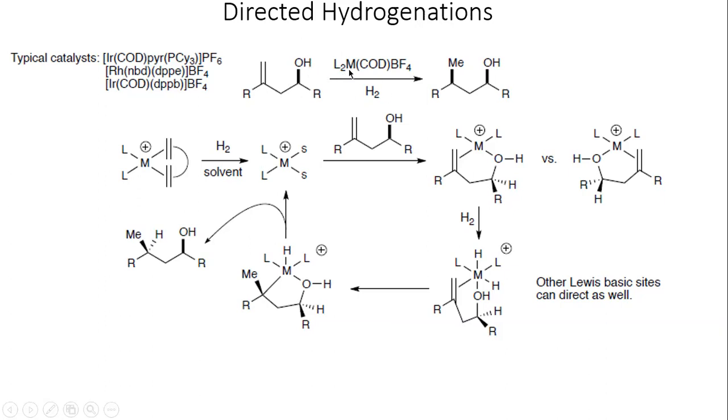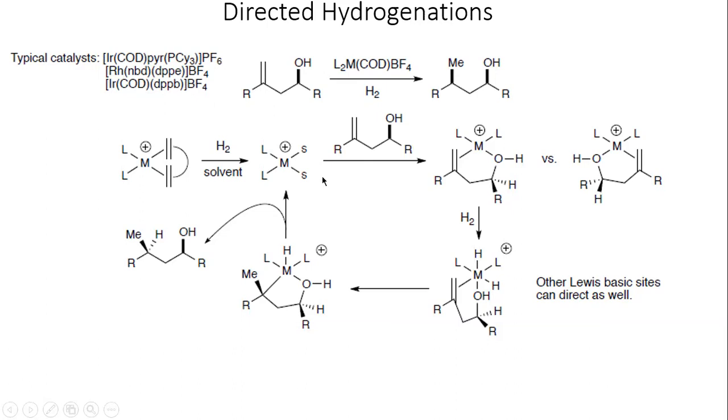So here you can start with a metal with a cyclooctadiene ligand, a cationic metal with a BF4 counter ion or PF6. It just depends on which catalyst you use. These are typical for the hydrogenation of allylic and homoallylic alcohols, right?